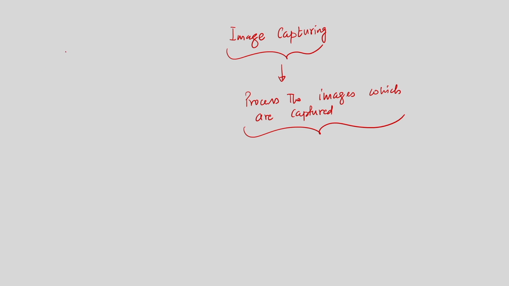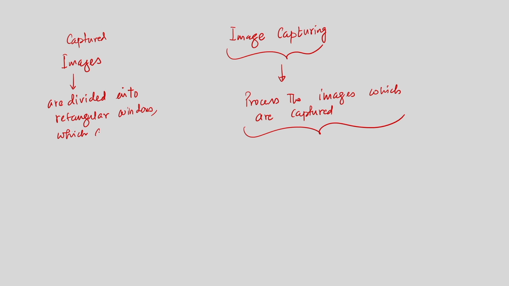So, the captured images are divided into rectangular windows, rectangular regions, rectangular zones, which are known as interrogation windows.